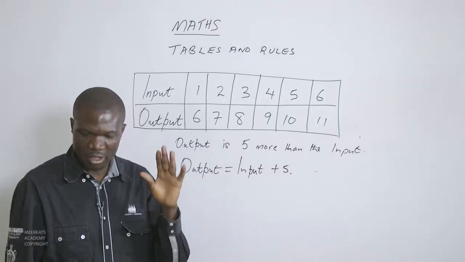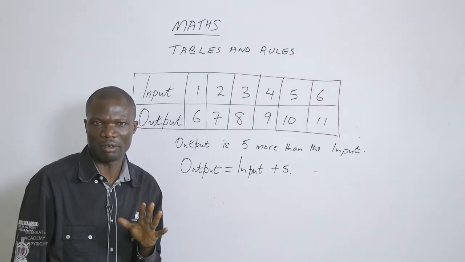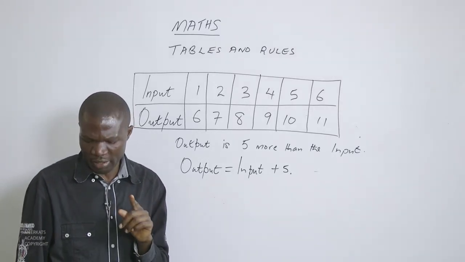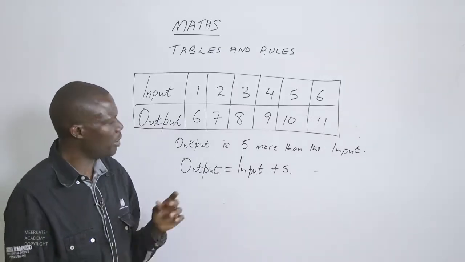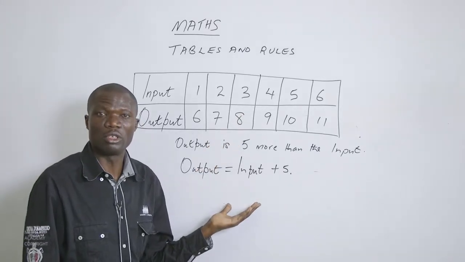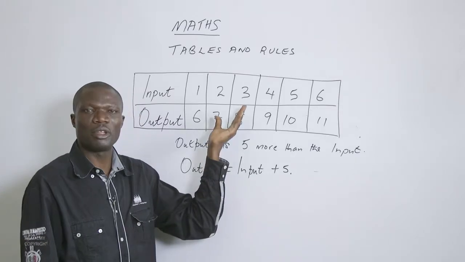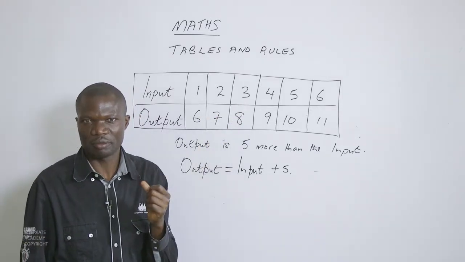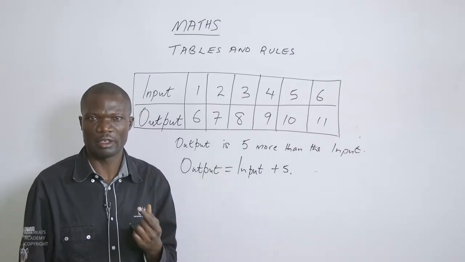Output is equals to input plus 5. So we are learning that you may have a table, then you come up with the rule. Or you may have a rule and you come up with a table of values. Either way, we should be able to get to the other.